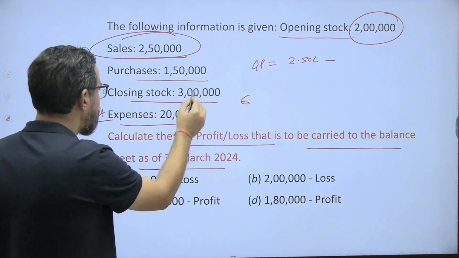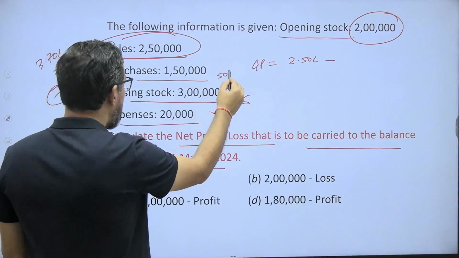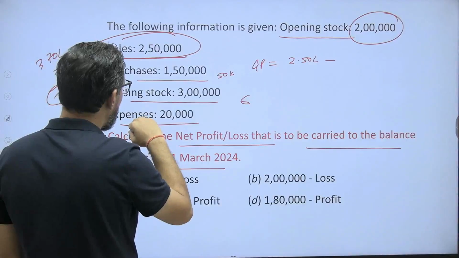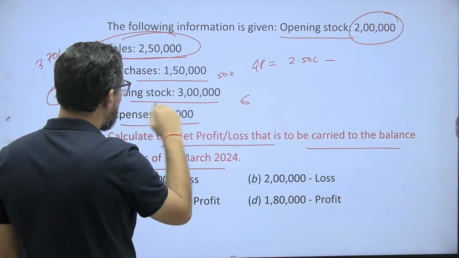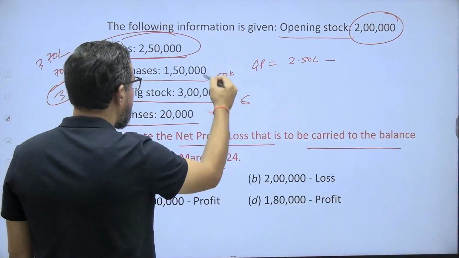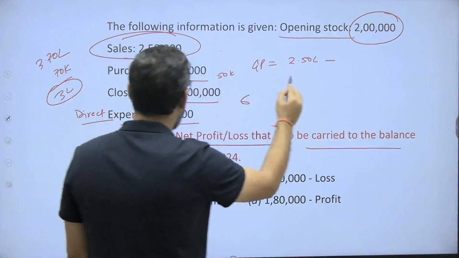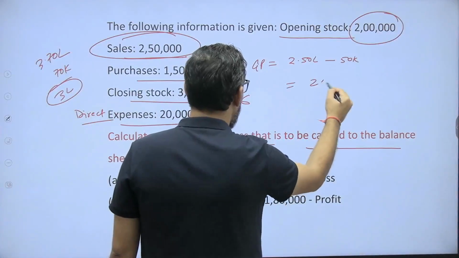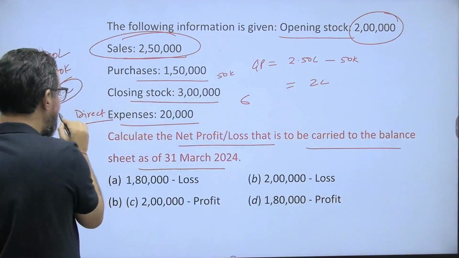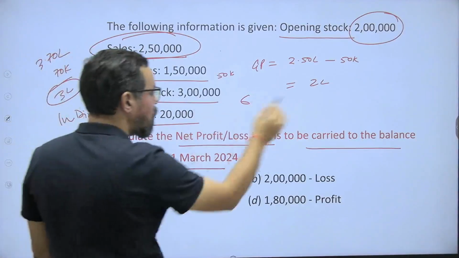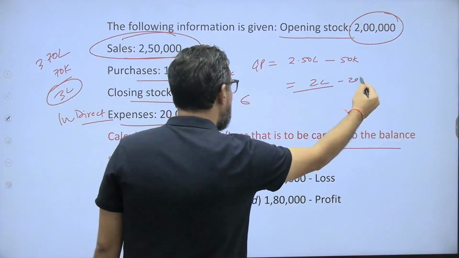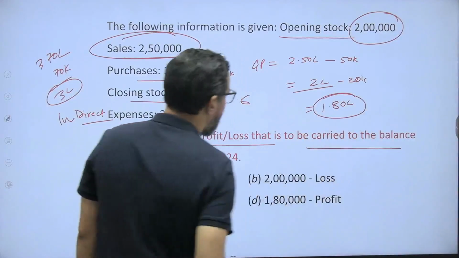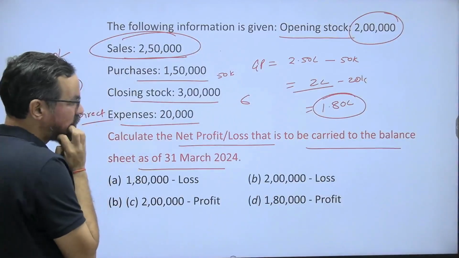So your cost of goods sold is 50,000, and another 50,000, 2 lakh 50,000. So it is minus 50,000, so it is 2 lakh. That means this is indirect expense. So 2 lakh minus 20,000 is 1 lakh 80,000. Net profit of this business is 1.8 lakh.